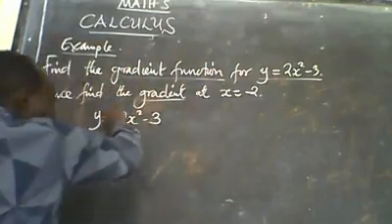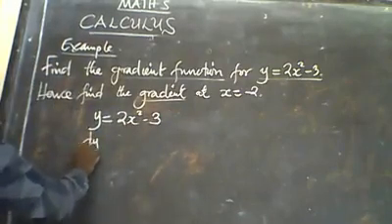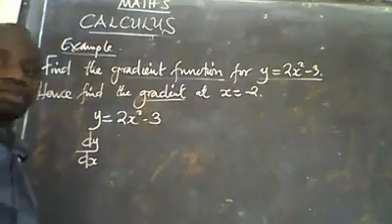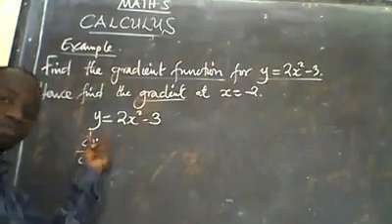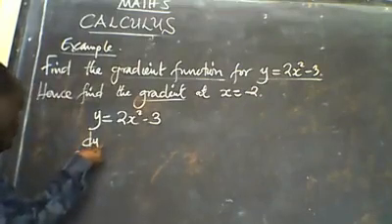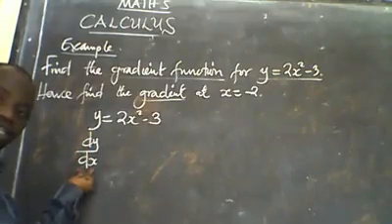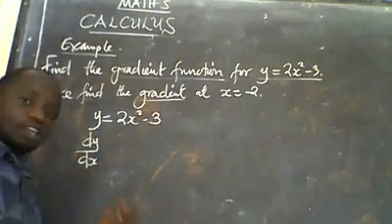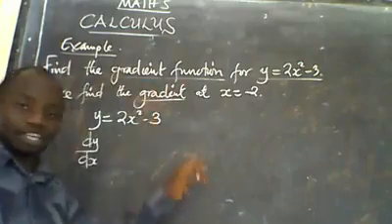To differentiate this, you will write dy over dx. Dy dx means difference in y, the gradient, remember, over difference in x. If you see this, then we are saying we are differentiating, we are finding the gradient function.